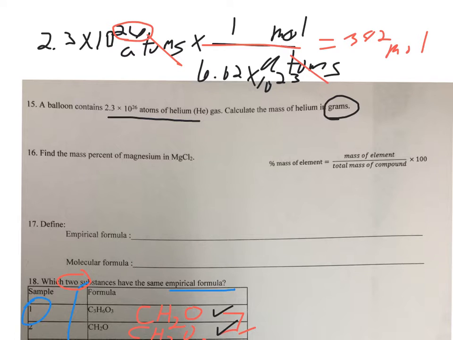Once you have the moles, you're going to look for your grams, right? What's your formula for grams? How do you find grams? You're using helium, but what's your formula to find the grams of helium? Because your given is the 382 moles of helium, right?